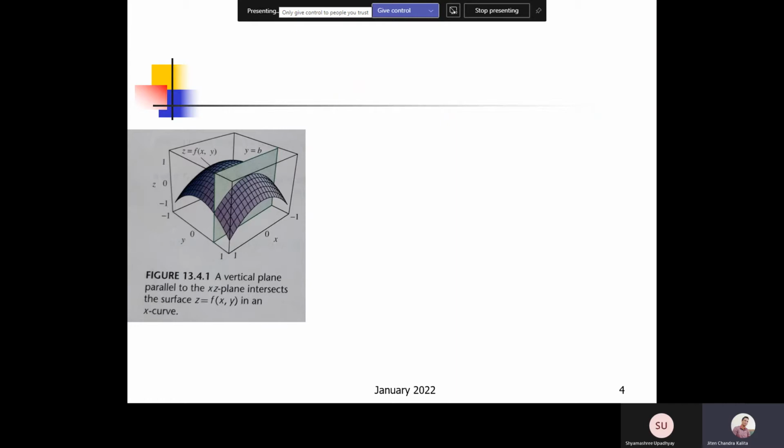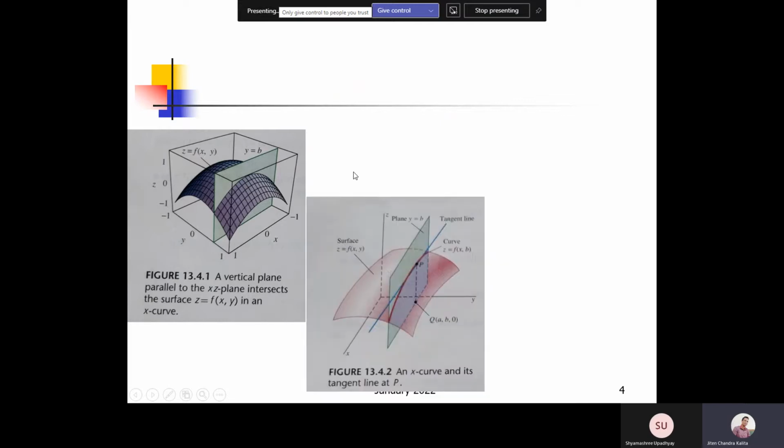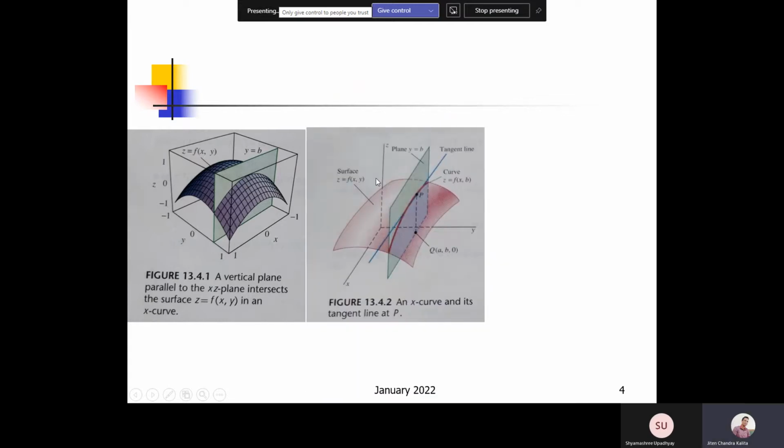It is going to cut the graph of the function, which is the surface z equal to f(x, y), like this. It cuts the surface into a curve here. This is the red curve.